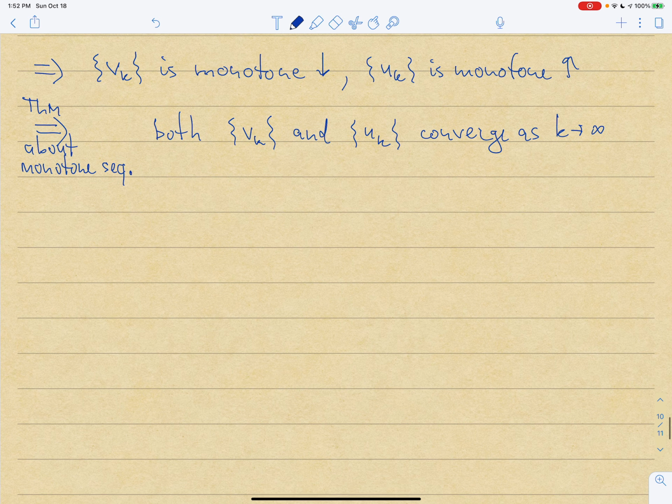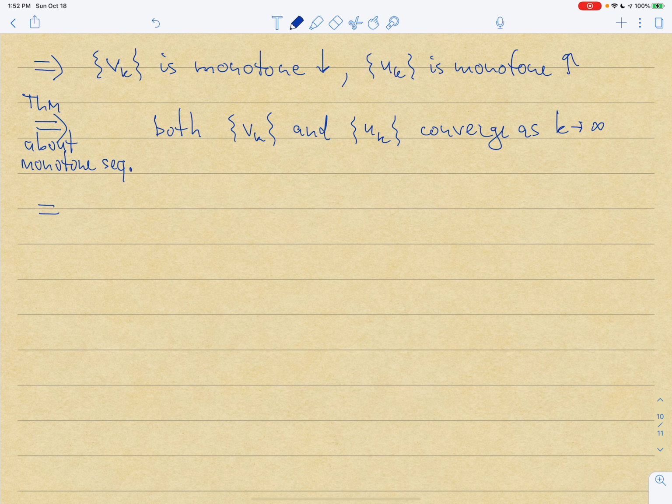And so the limit as k goes to infinity of uk exists and equal to some number or infinity.